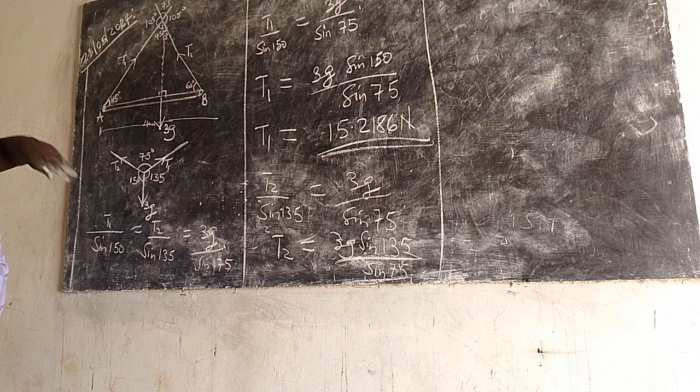Then, if that is 40 meters, I want to take moments from this point. A moment of the force is defined as the product of force and its perpendicular distance.